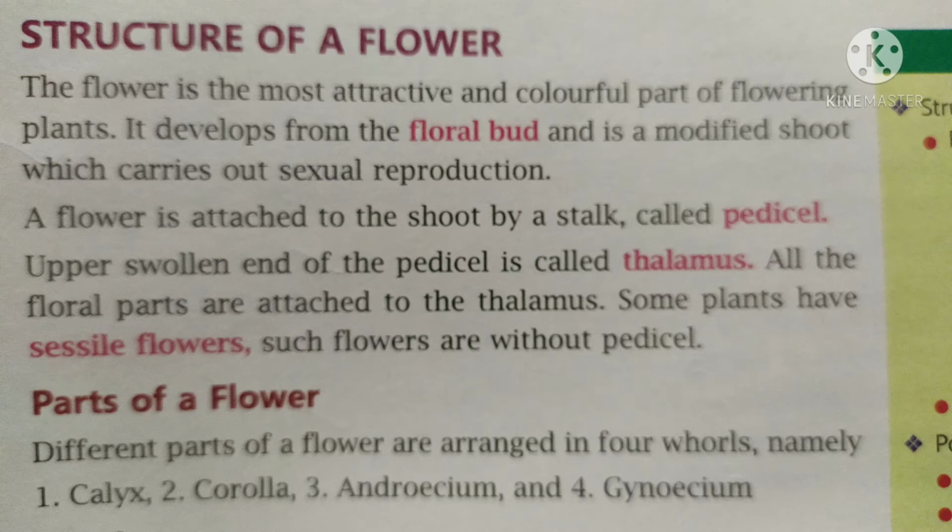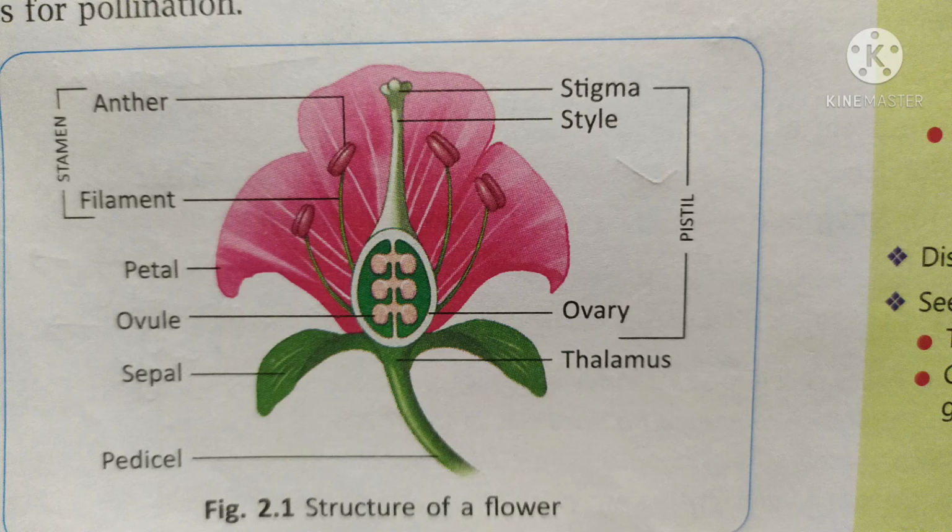Here you will see the calyx, which consists of sepals, and it is the outermost whorl of a flower. We will study it using the structure of flower in the diagram, as you can see in the figure here.